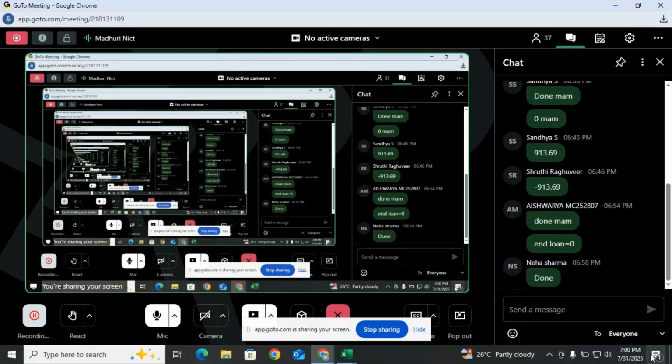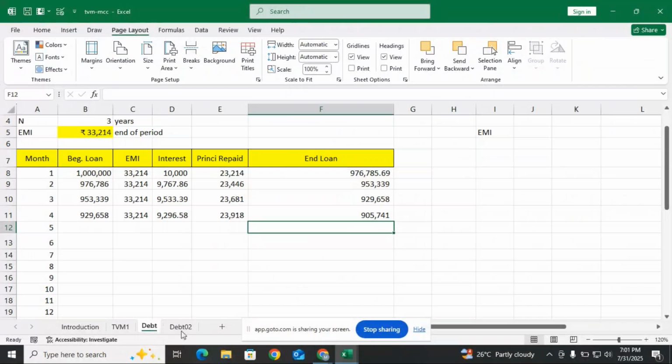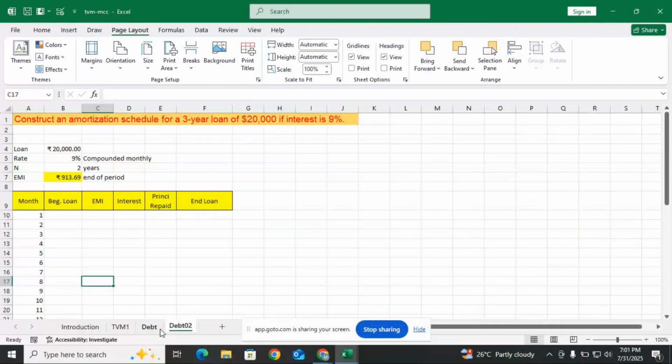So everything went well, I assume, for all the students who are practically working on this. So here you complete your debt amortization schedule, where both the cases are put up here.